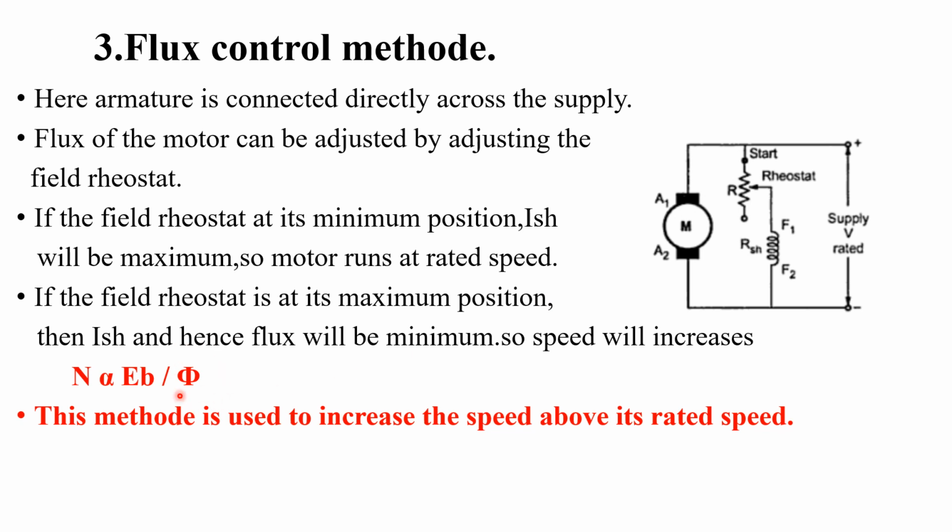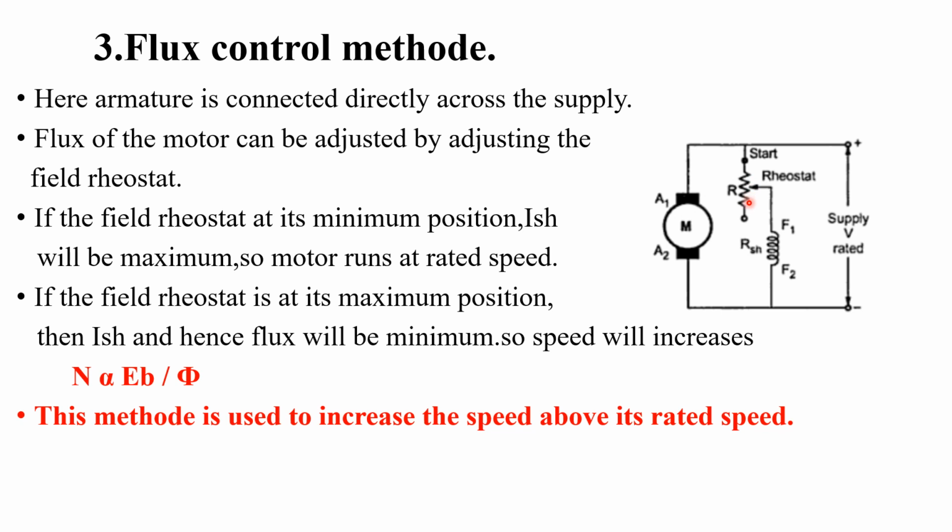If the flux decreases, then what will happen to the speed? It will increase. So at the minimum position of this rheostat, we will get the normal speed in this motor because Ish will be maximum, so that we can say that the motor is running at its rated speed.